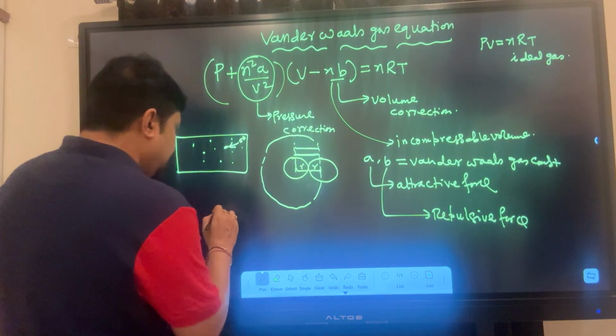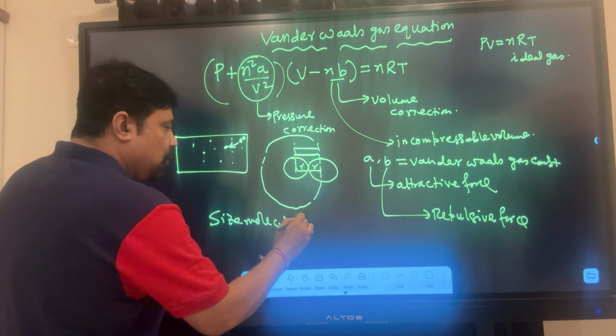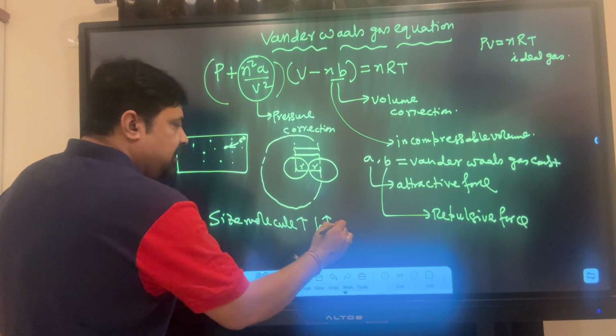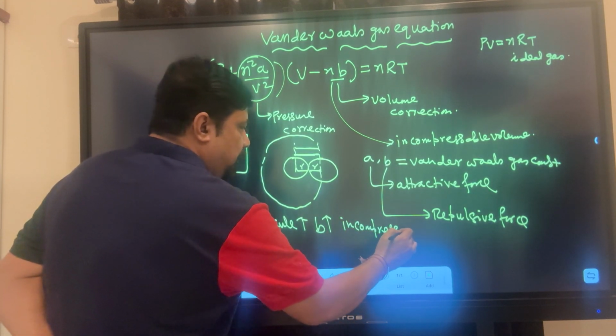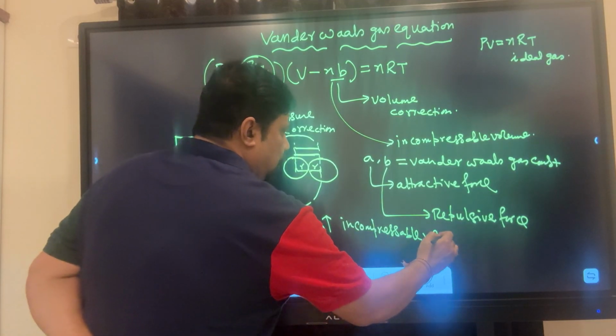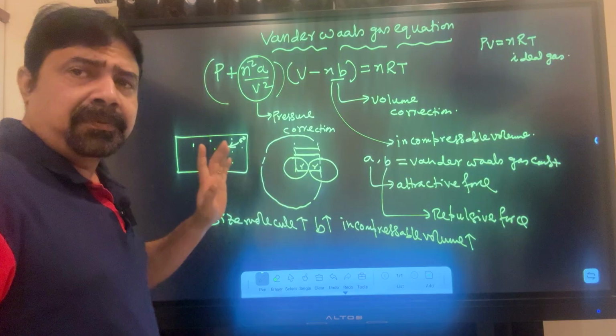If the size of the molecule is more, then my B will be more, and then the incompressible volume will also be more. That's why B comes into the picture based on the size.